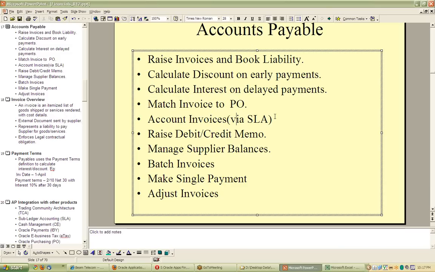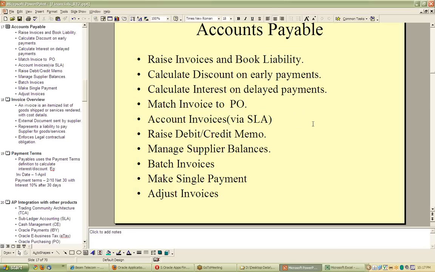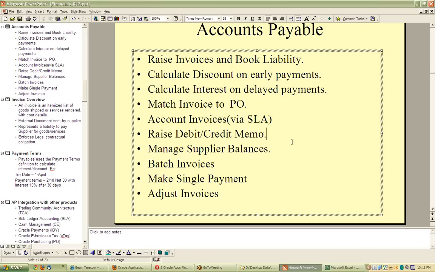Then we have integration for accounting via SLA. What is SLA? All these things will come in the subsequent slide. But currently, please note, in release 12, the accounting aspect is governed by subledger accounting, a new feature introduced in release 12, and not by general ledger. Then we have the facility to raise a debit memo or a credit memo.